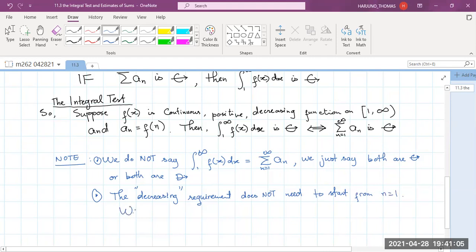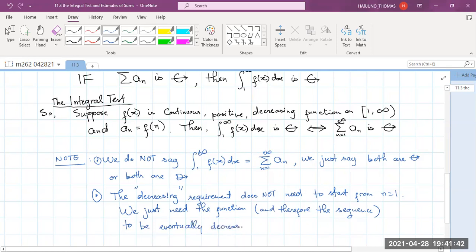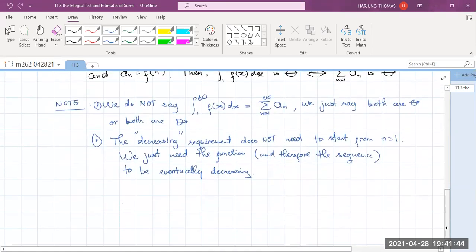We just need the function and therefore the sequence to be eventually decreasing. Okay, so here's the idea.